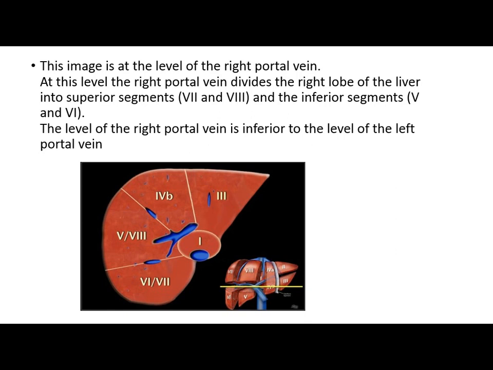Previously, they were dividing the liver into left lobe and right lobe by the falciform ligament. They said the falciform ligament is the division between the left and the right. This was functionally incorrect. So they re-divided the liver into left and right lobes, separated by the hepatic veins.